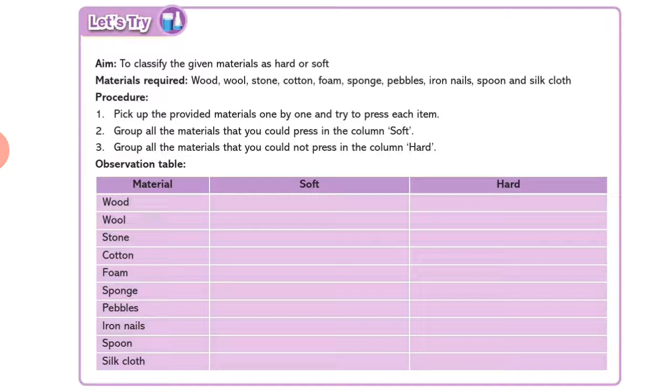Sponge, it will be soft. Pebbles, it will be hard. Iron nails, hard. Spoon, hard. Silk cloth, it will be soft. Got it? We can easily separate them on the basis of whether they are easy to compress or not easy to compress. Okay.